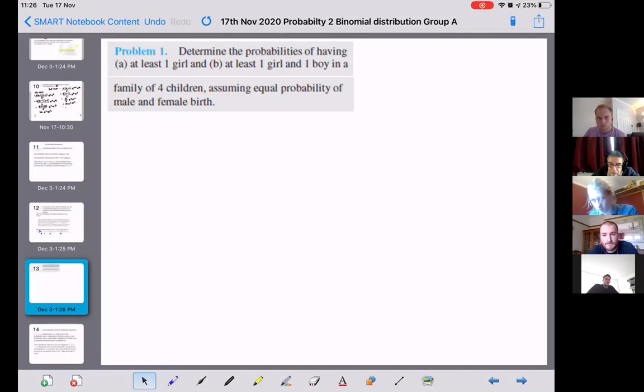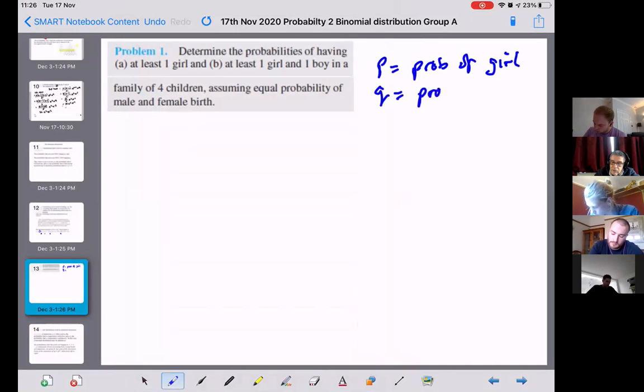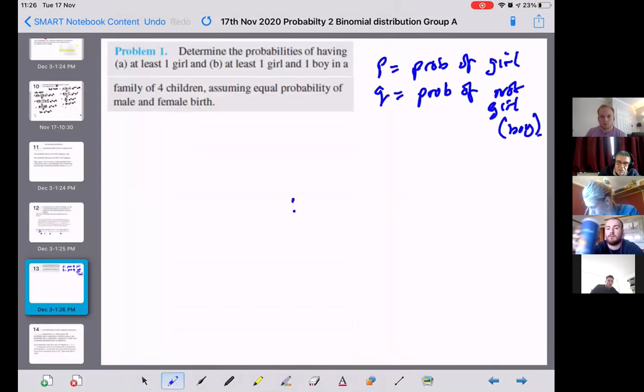So if we say P equals probability of a girl, Q equals probability of not girl, or a boy. What does P equal in this problem in numbers?